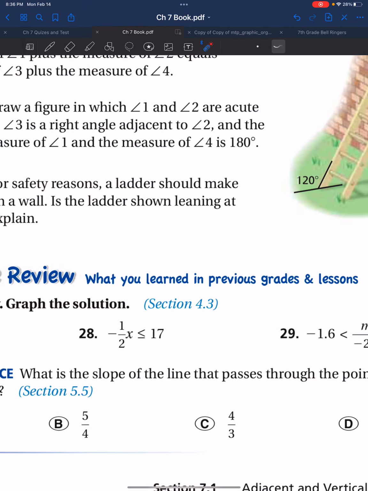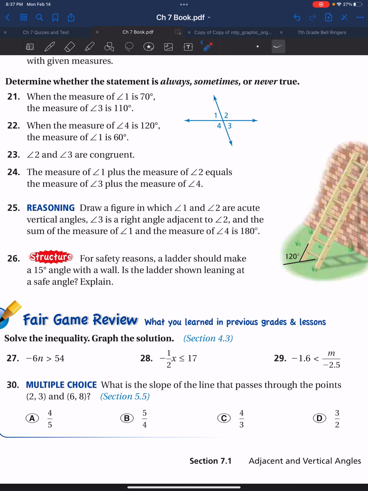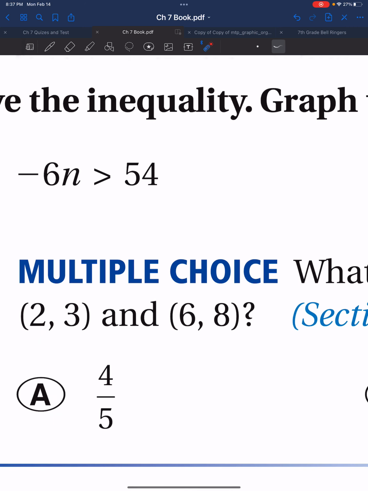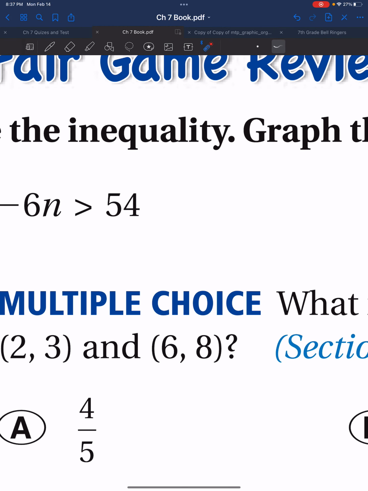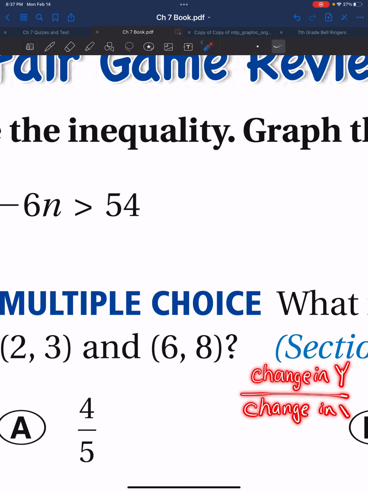Let's look at 30. What is the slope of the line that passes through the points 2, 3 and 6, 8? I'll give you a quick little reminder. Slope equals the change in y's over the change in x's.